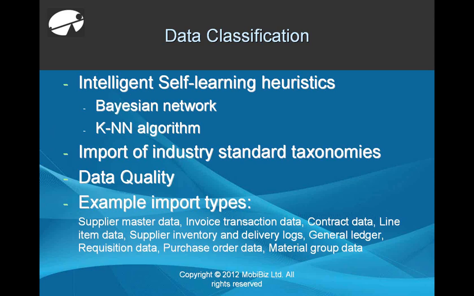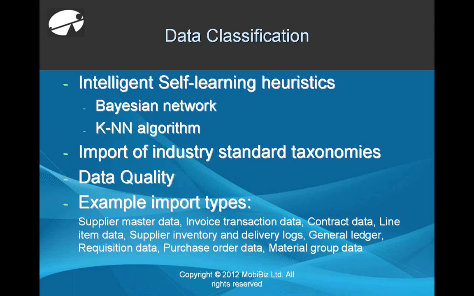So EnableMyTeam, our platform, supports the standard industry taxonomies, but it also allows users to manually override and set explicit classification rules. Any changes made by the user are saved as implicit or explicit rules that go towards the self-learning process.